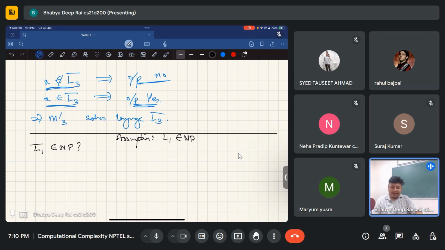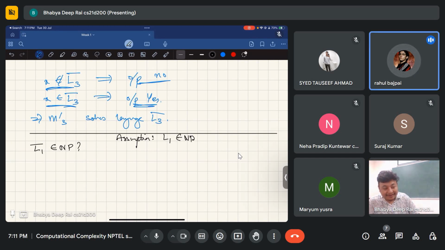If the NP and co-NP, okay, it must be in P. That is an interesting statement.